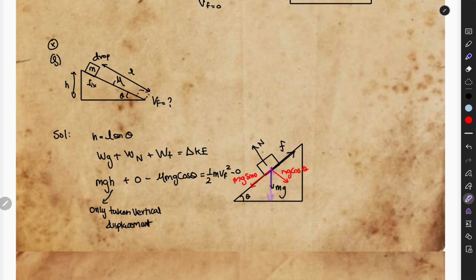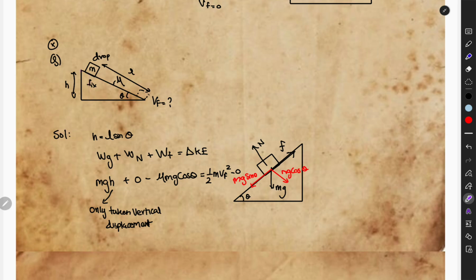Either the body travels like this, or like this, in any direction it will be taking the distance of how much height it is from the ground. That will be the work done by the gravitational force, the perpendicular height. Fine, so in this case we need to take this height.